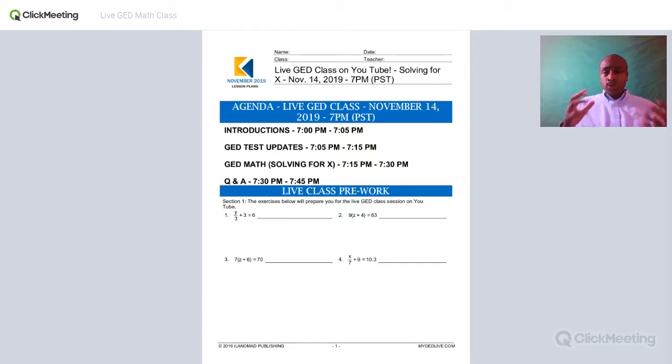This was great because it allowed a lot more people to pass the test. Now, there are a few states in the country that still have that 150 requirement. I won't go into that right here, but always check with your state and make sure that you are in a state that has the score of 145.